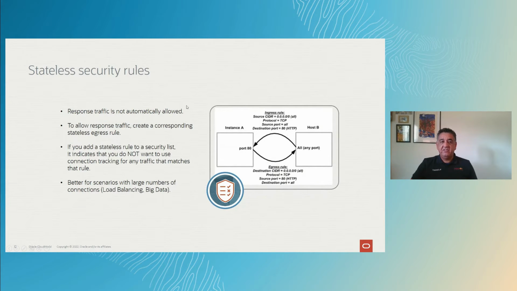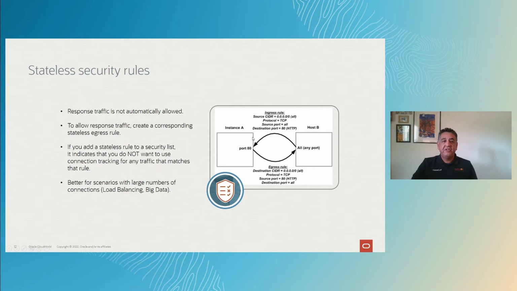A stateless rule is the other way. If you create a permission that allows traffic going out of your virtual cloud network, and you don't specify the same security list rule for traffic coming into your virtual cloud network, it will not work. Stateless means that you have to be very specific on the traffic that you allow coming in.